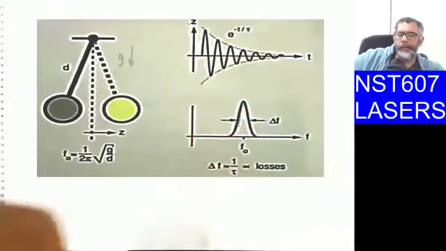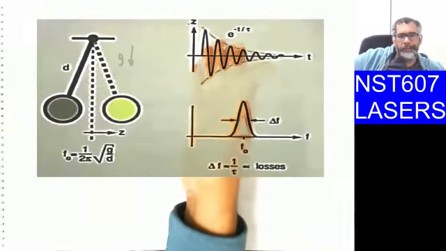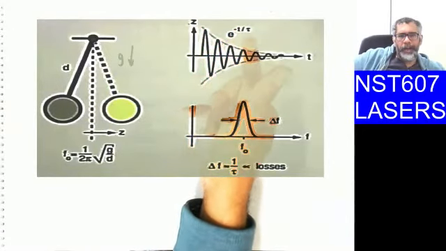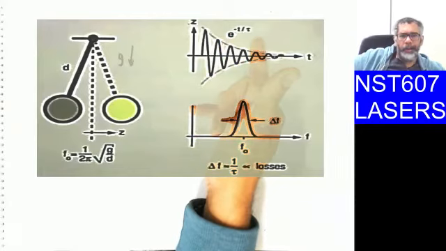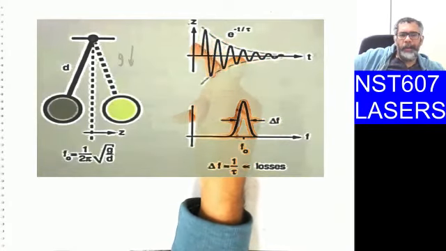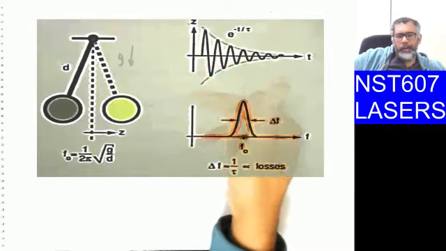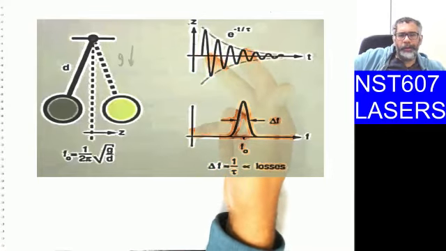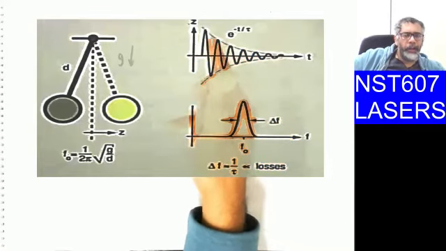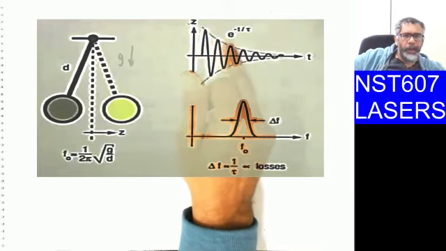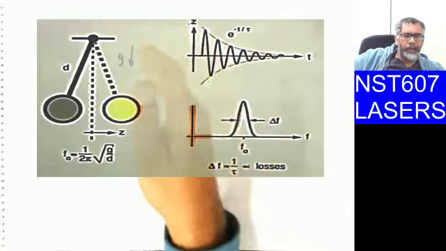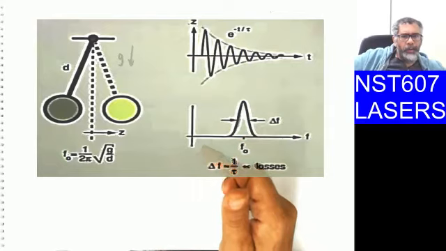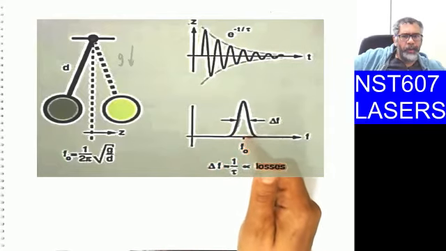All right. Because of this decay in the time domain, what would it be if there were no decay, if the amplitude were constant over time infinitely? What would it look like in the frequency domain?